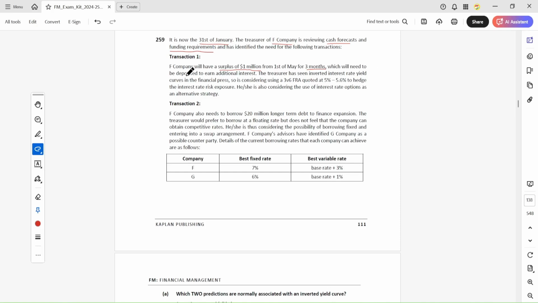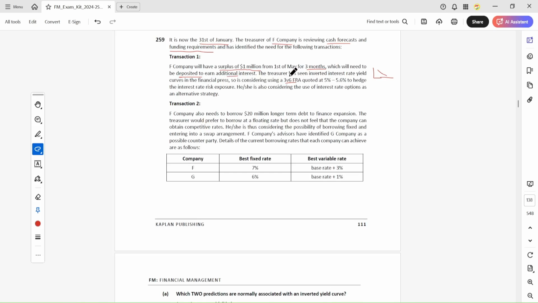The surplus for 3 months needs to be deposited to earn additional interest. The treasurer has seen an inverted interest rate yield curve, which means the interest rate will decrease in the future on the deposits.